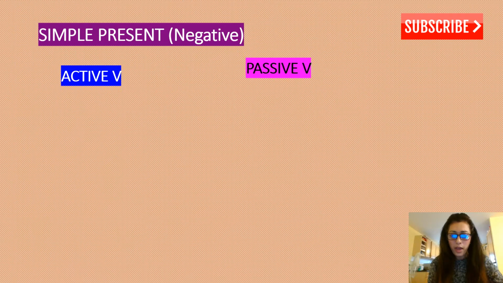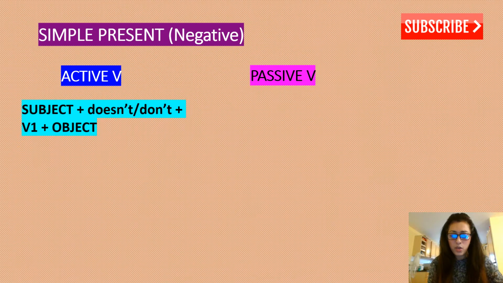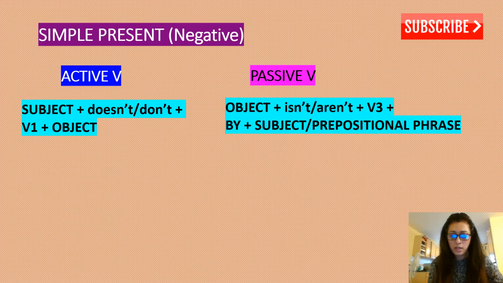Now the simple present, if we talk about the same sentences in the negative form, for active it will be subject plus doesn't or don't with the verb first form plus the object. On the other hand, the passive voice will be object plus isn't or aren't with the verb third form with by and the subject or prepositional phrase.